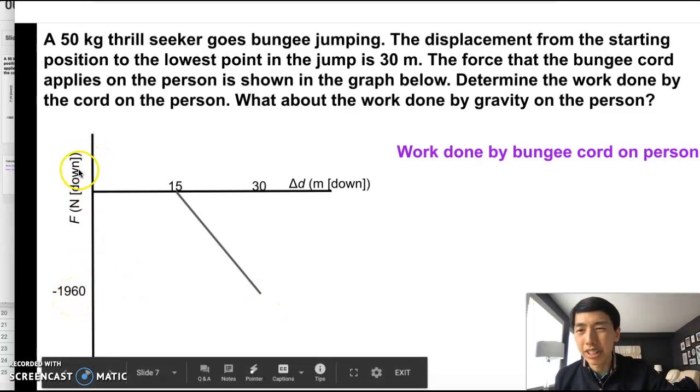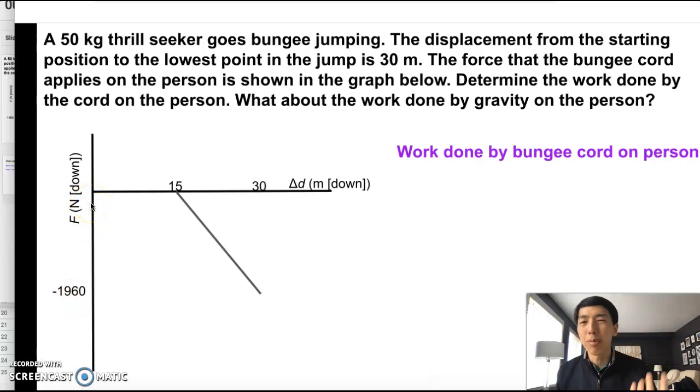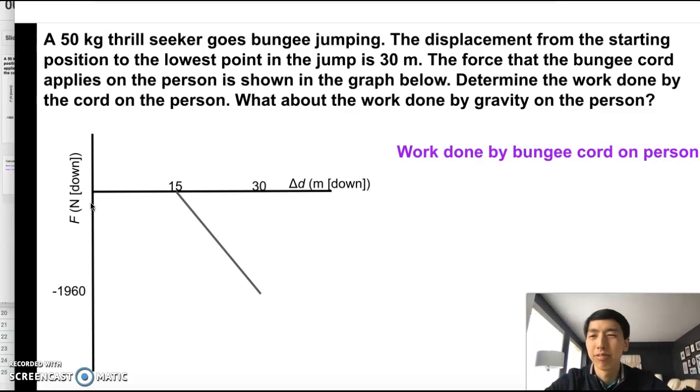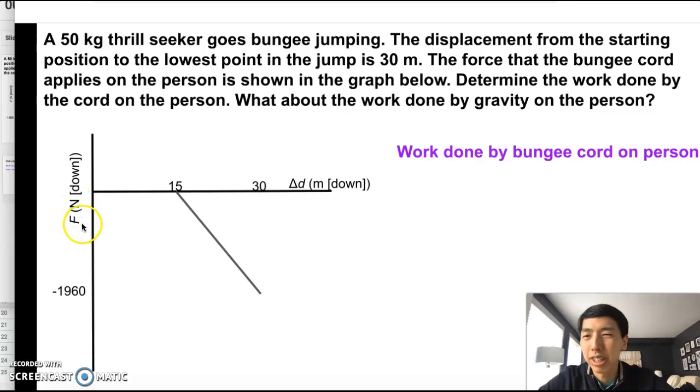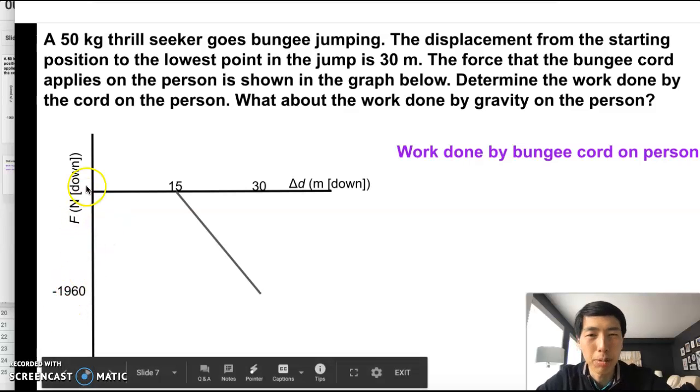So since I labeled the axes down, the value of the force is going to be negative 1,960 newtons down. So negative down is going to make up. So that's a little bit complicated. I made it sound complicated, I guess, but it's not too complicated. Okay, negative down is up.